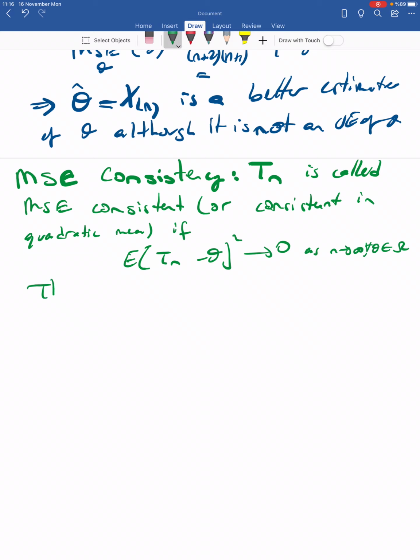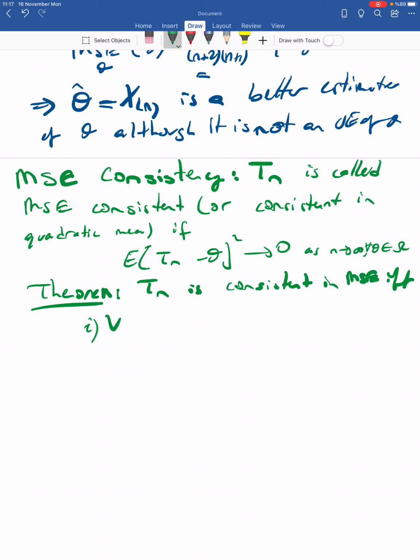So we have a theorem. Tn is consistent in mean square error if and only if, you can see the rules are almost the same, we don't have the expectation only here.